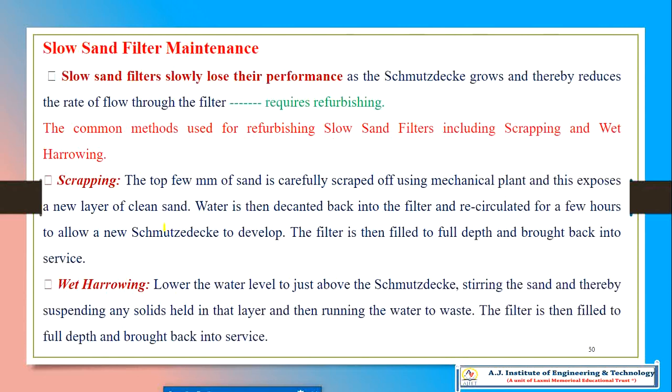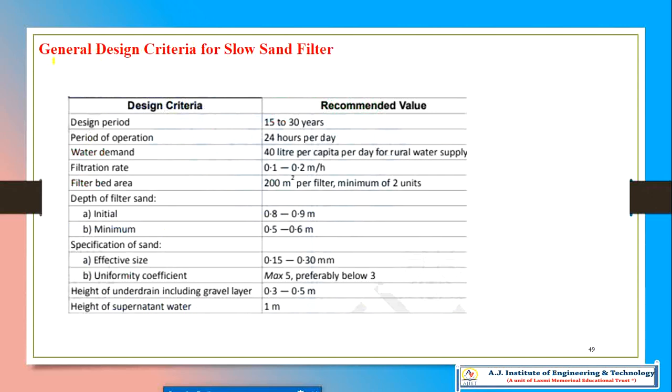Now we'll go to another important factor, the general design criteria for a slow sand filter. First is the design period, which is 15 to 30 years, once we construct a slow sand filter.